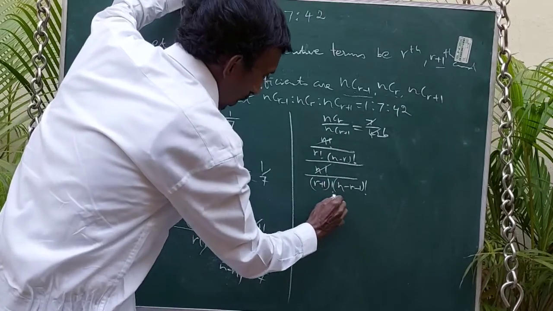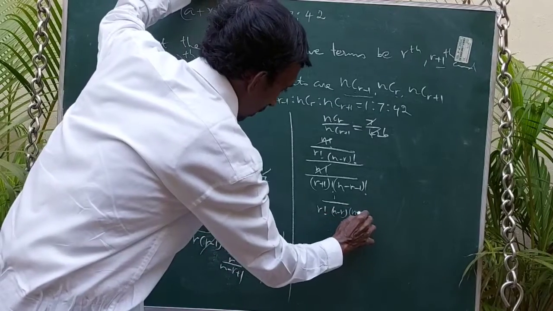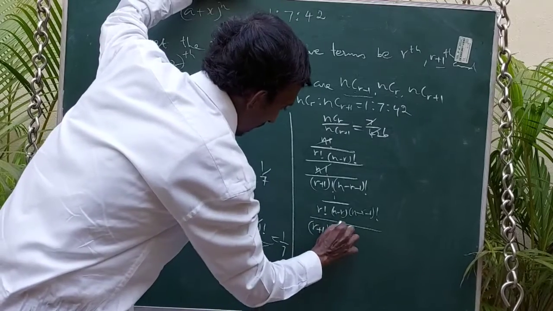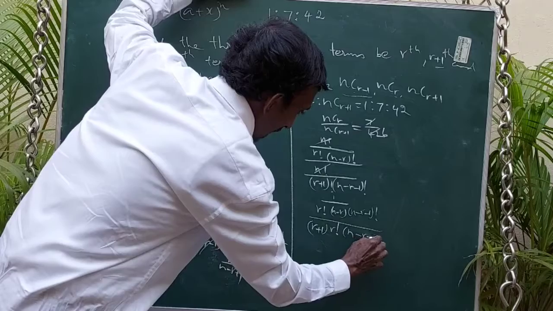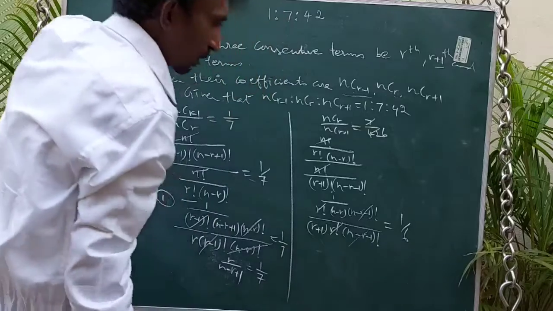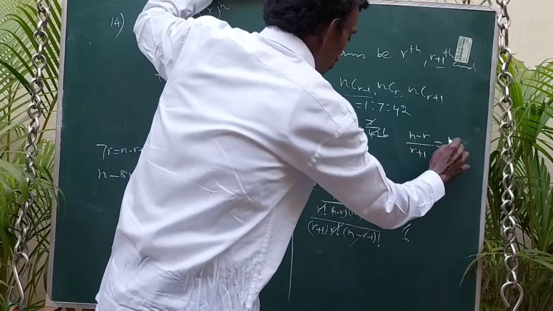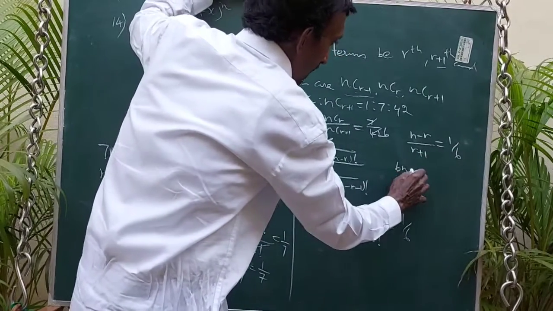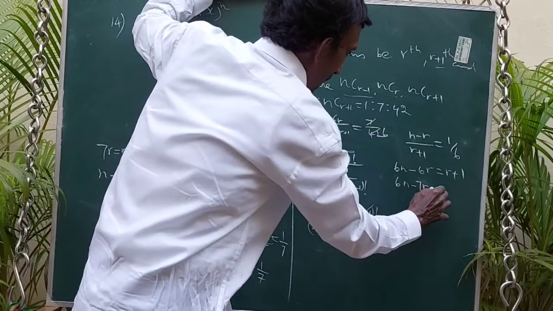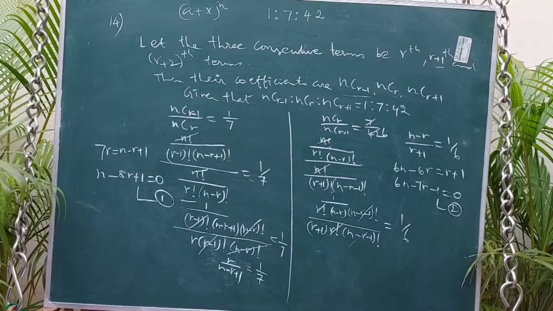In the next step, 1 by r factorial into, if we take n minus r outside, remaining n minus r minus 1 factorial by, if we take r plus 1 outside, into r factorial, n minus r minus 1 factorial equal to 1 by 6. So cancel this r factorial. We are getting n minus r by r plus 1 equal to 1 by 6. If we cross multiply, 6n minus 6r equal to r plus 1. So 6n minus 7r minus 1 equal to 0. Take it as equation number 2.